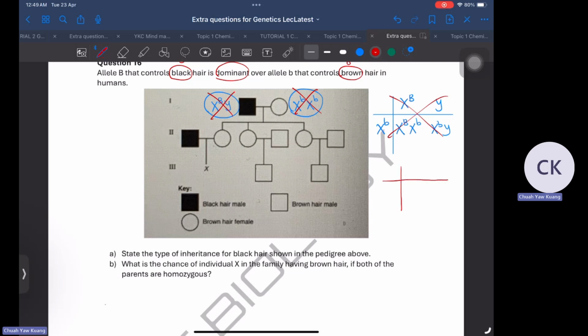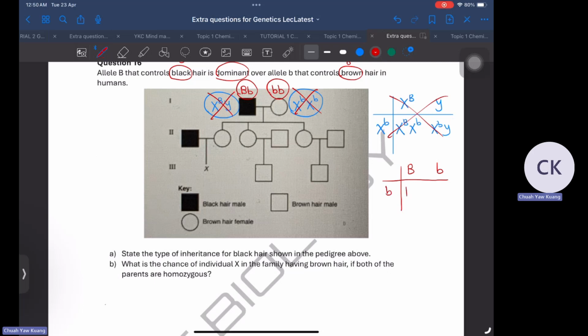So you can see here, if let's say it's autosomal, then this black hair male would be heterozygous, and the female would be homozygous recessive. When we do the cross, this individual is going to produce 2 types of gamete, and this individual is going to produce 1 type of gamete.